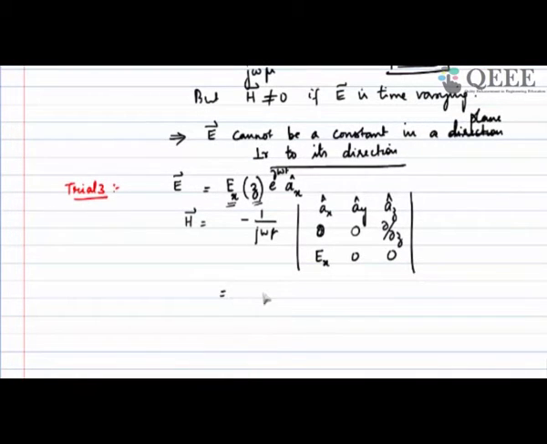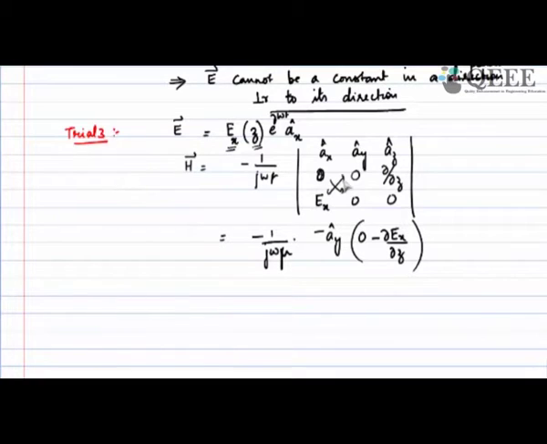In this case, this is minus 1 by j omega mu. The ax component is 0, the y component is minus ay times 0 minus del Ex by del z, and the z component is 0, because this determinant is 0.